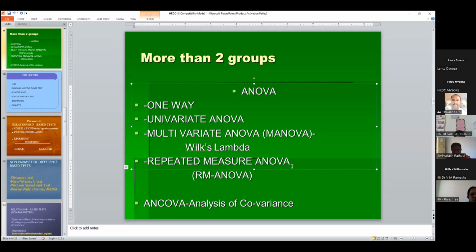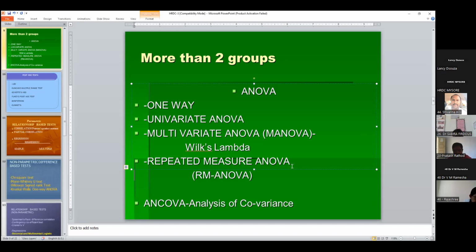What is ANOVA? The ANOVA test is done when there are more than two groups to be compared, whereas if there are only two groups, we go for a t-test. You are clear about that, right? Yes, sir. So ANOVA is basically a method which analyzes the variance between the groups, and it says whether the mean difference obtained between these three groups, at a minimum, is significant or not.